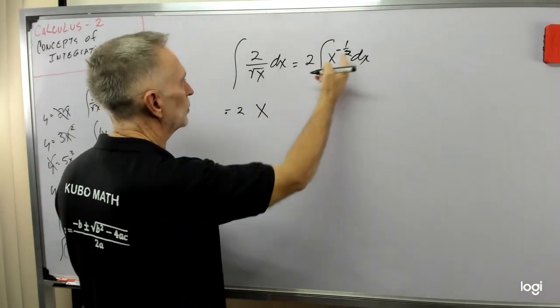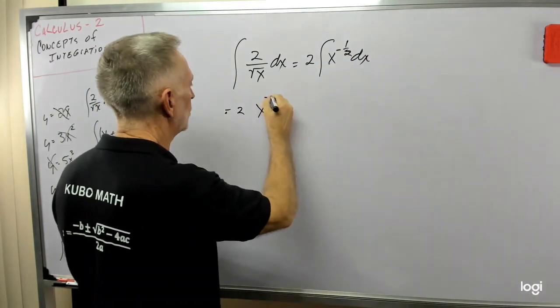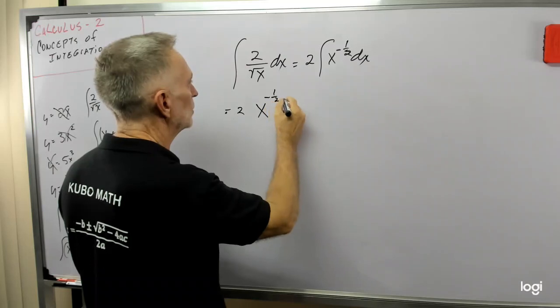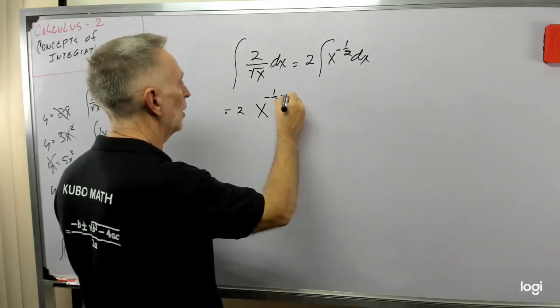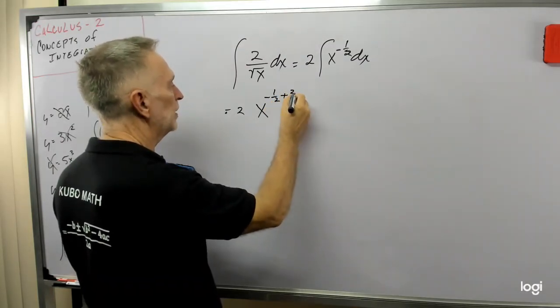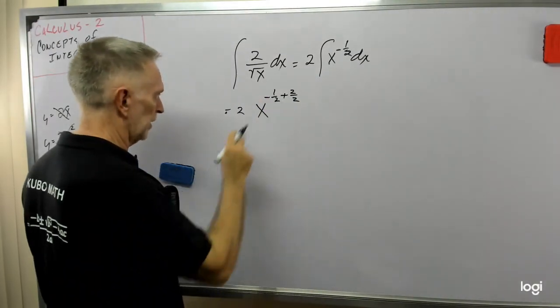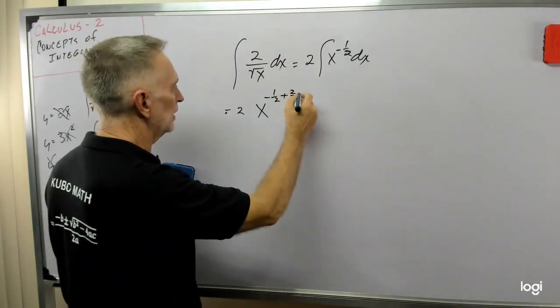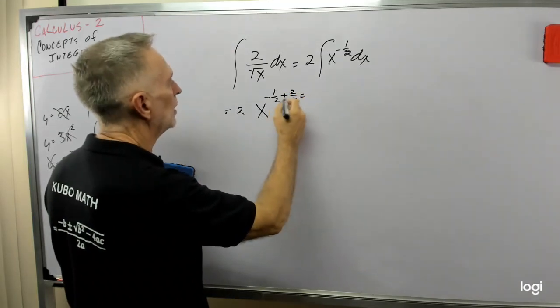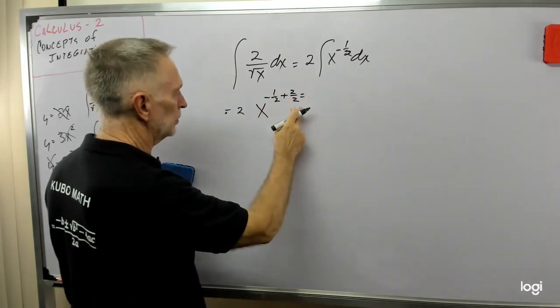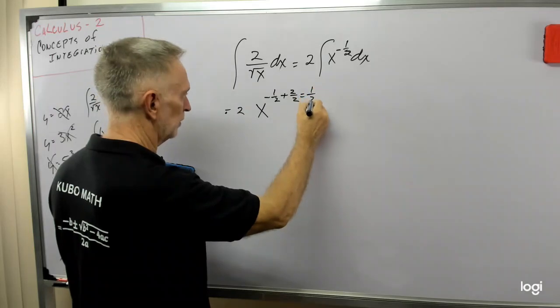All right, so that equals 2. Okay, x, I'm going to increase the exponent by 1. Minus 1/2 plus 1. 1 would be 2 over 2 to keep a common denominator here. And that ends up being -1/2 plus 2 over 2 gives me a positive 1/2.